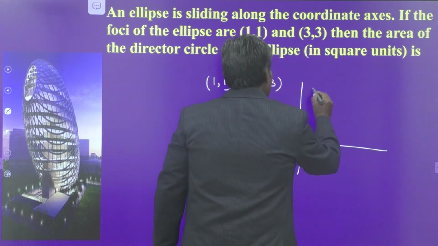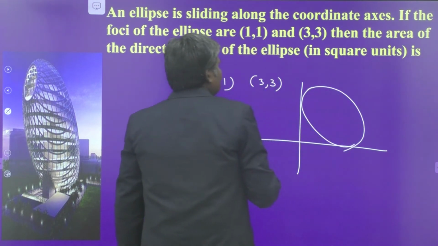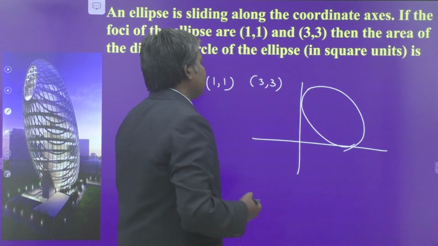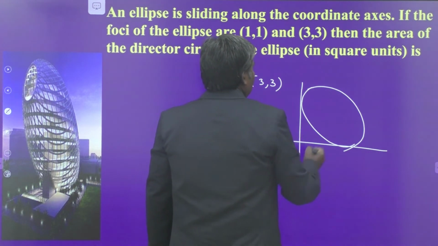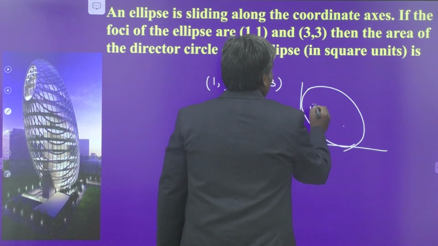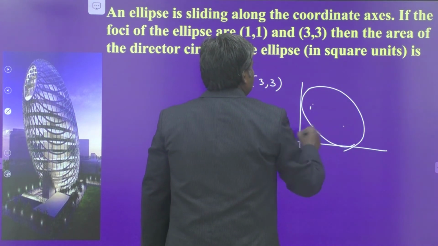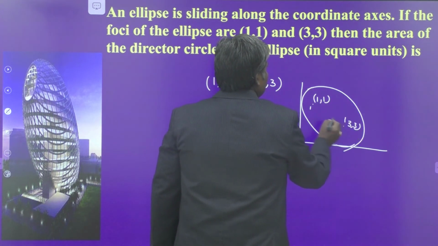Suppose this is your ellipse which is sliding along the coordinate axis, and its foci are 1, 1 and 3, 3. This is 1, 1. It is just a rough diagram for you. Actually your diagram may be in this manner: 1, 1 and this is 3, 3, say these are the foci.